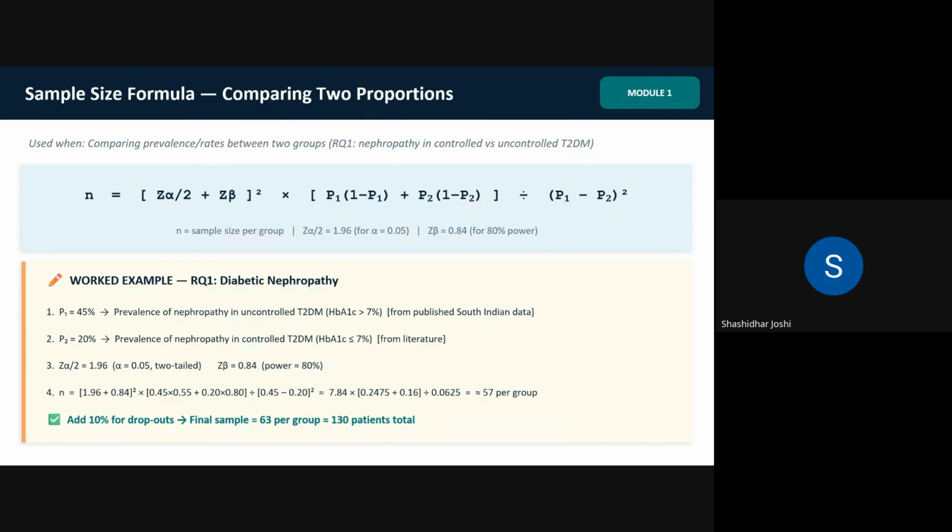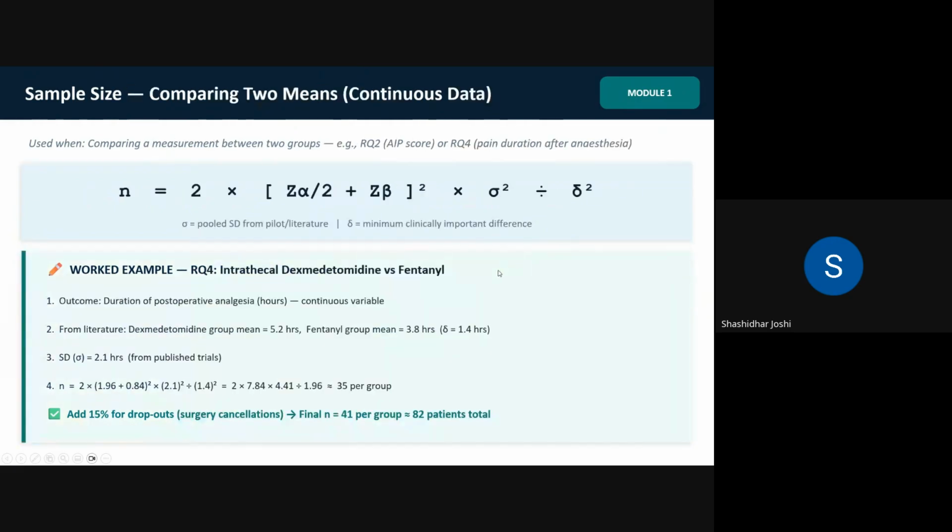Now I will do another exercise. The previous example was for prevalence rate. This example is for the next research question, research question 2 as well as research question 4, because they are more or less the same in terms of their experiment properties: comparing measurements between two groups, such as pain duration after anesthesia.